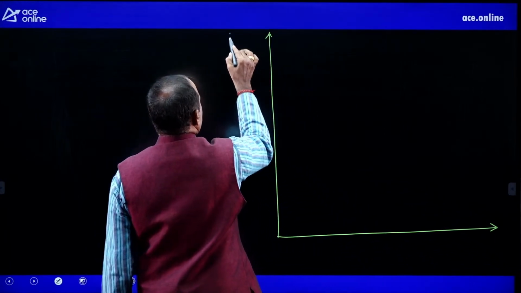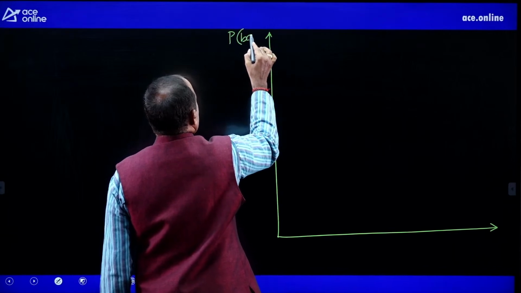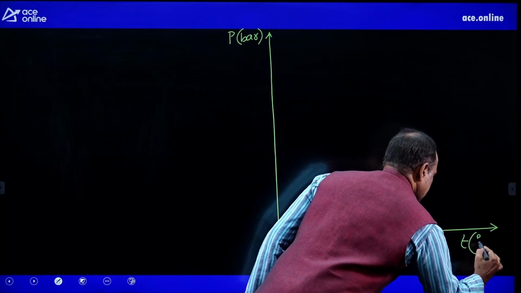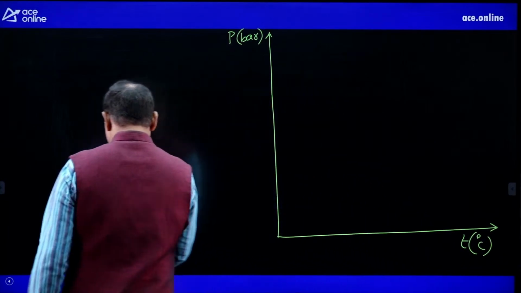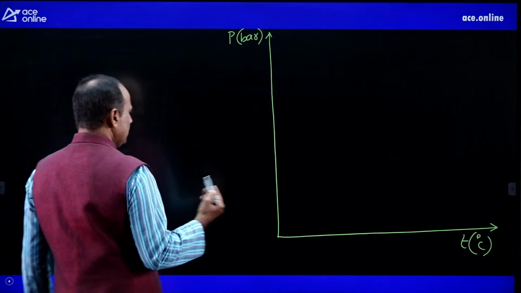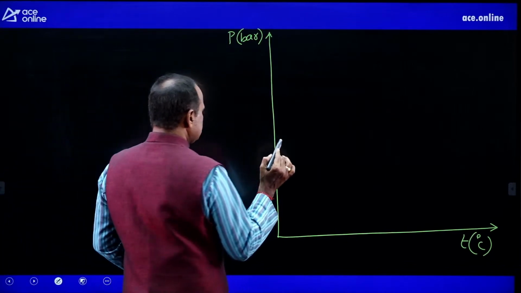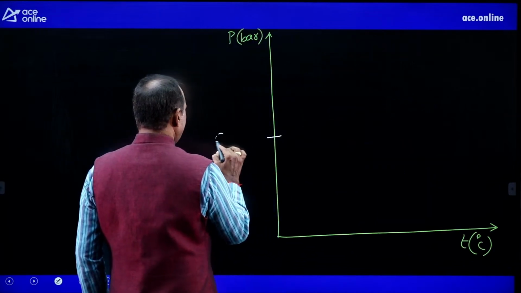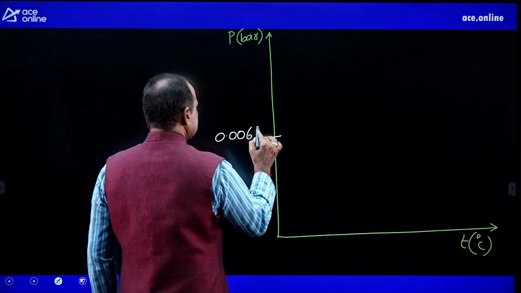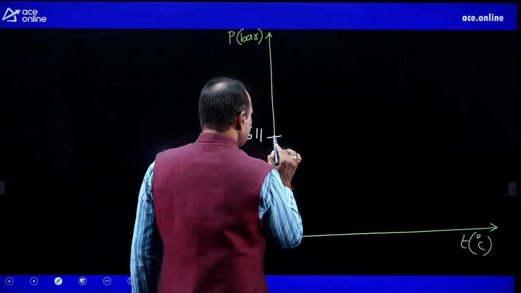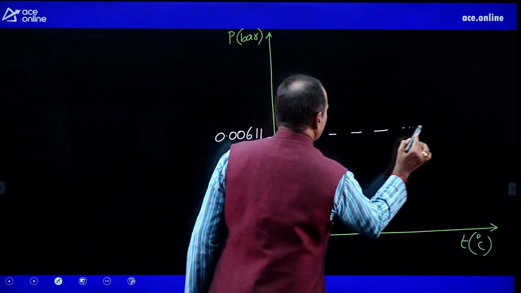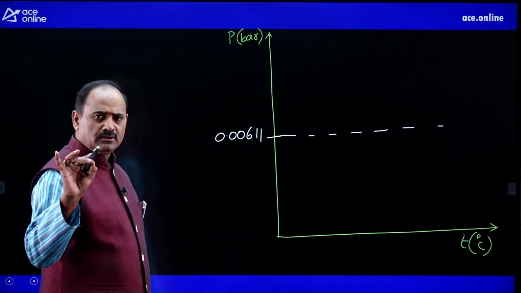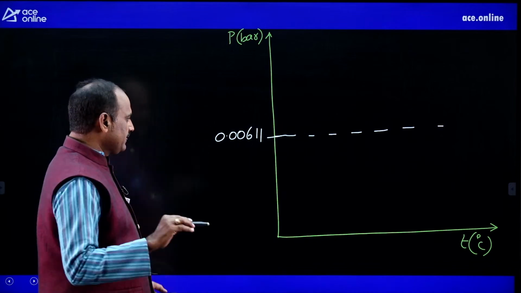Consider the PT coordinate system, pressure in bar and temperature in degree centigrade. For the triple point state, what is the pressure? Pressure is 0.00611 bar. Corresponding to that point, project a horizontal line representing the constant pressure equal to 0.00611 bar.